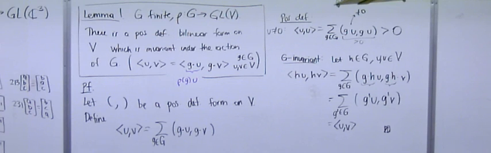Rho 1 of a group element is given by an n1 by n1 matrix. Right? Rho 2 of a group element is given by an n2 by n2 matrix. And so I'm going to define rho 1 plus rho 2 of G.